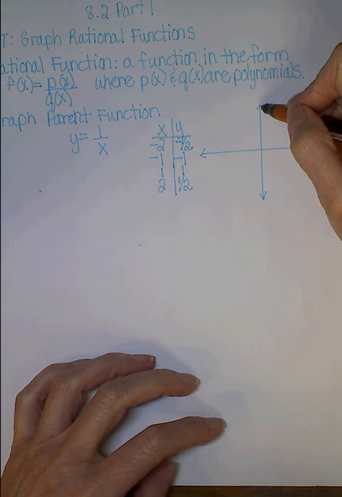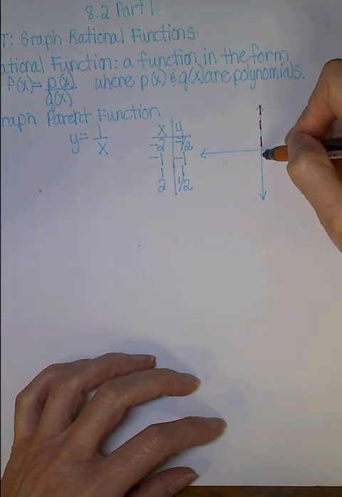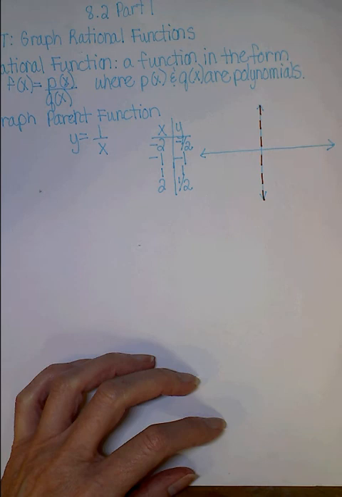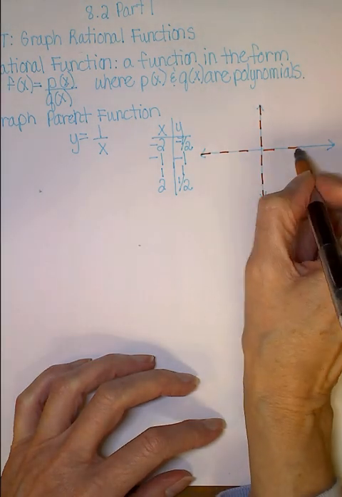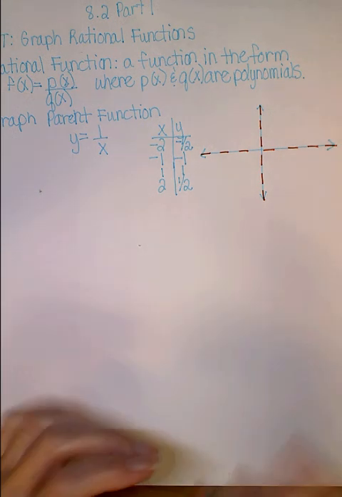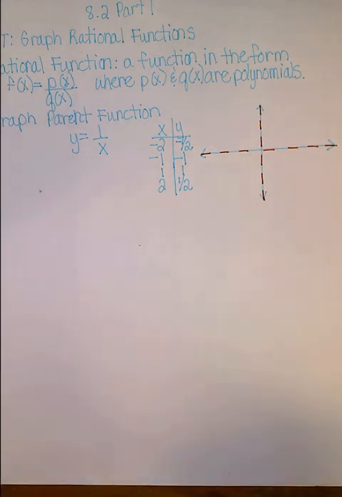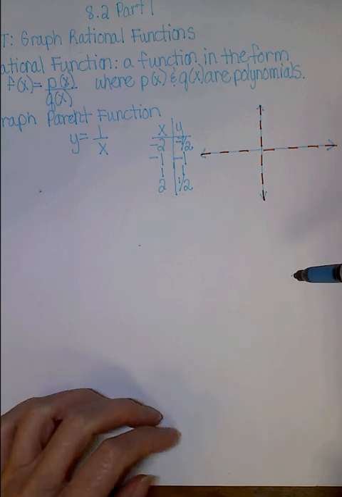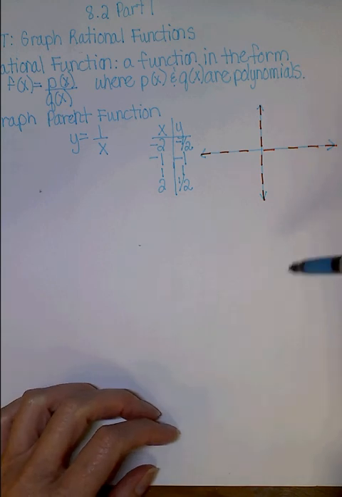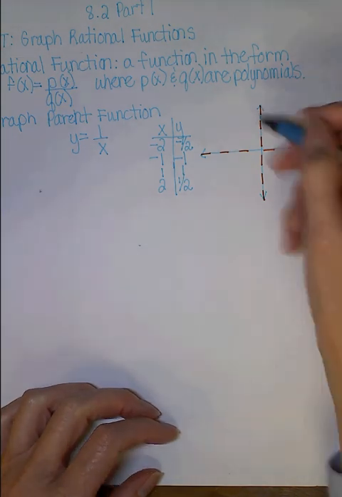So in this parent function, we'll have a vertical asymptote at 0 and a horizontal asymptote at 0. Okay, so our graph cannot cross those. Every once in a while it can cross the horizontal, but it'll never cross the vertical. But don't worry about that right now. We'll talk about that again in college algebra.